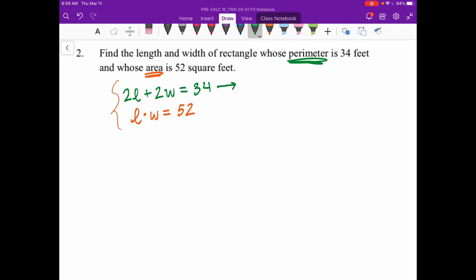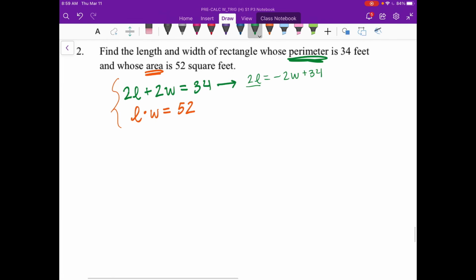If I'm solving for L, I would subtract the W over. So I would have 2L equals negative 2W plus 34. And then finishing off to solve for L, I would divide both sides by 2. So the length could also be expressed as negative width plus 34.